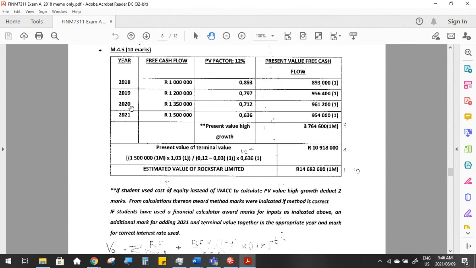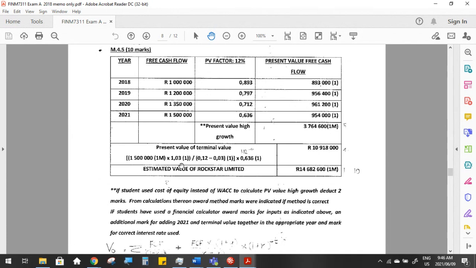So you've got your 4 years worth of initial growth. They gave you these 4 amounts. Your present value factor using the WACC of 12% that they gave us. So you can calculate the present value of those 4 years of cash flow. Add them together, and that gives us our present value of the initial high growth period.